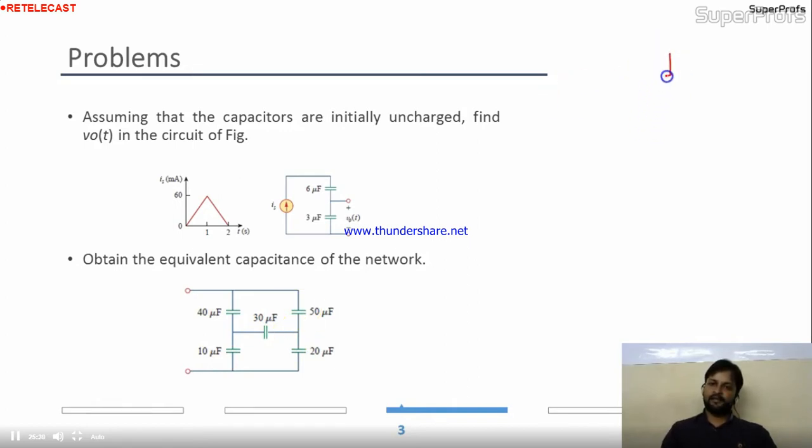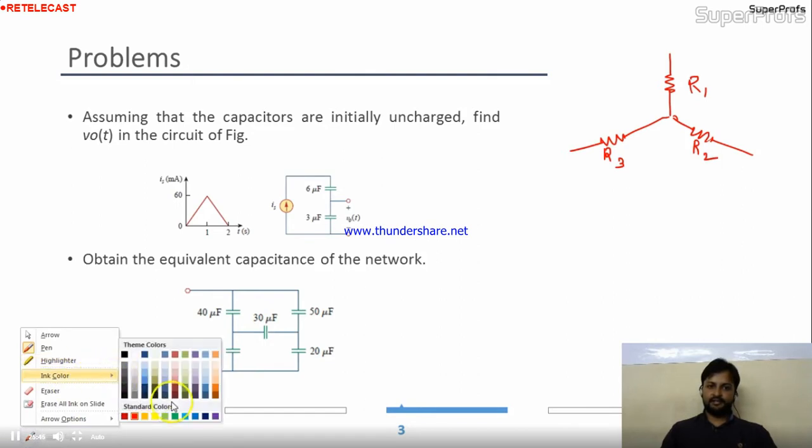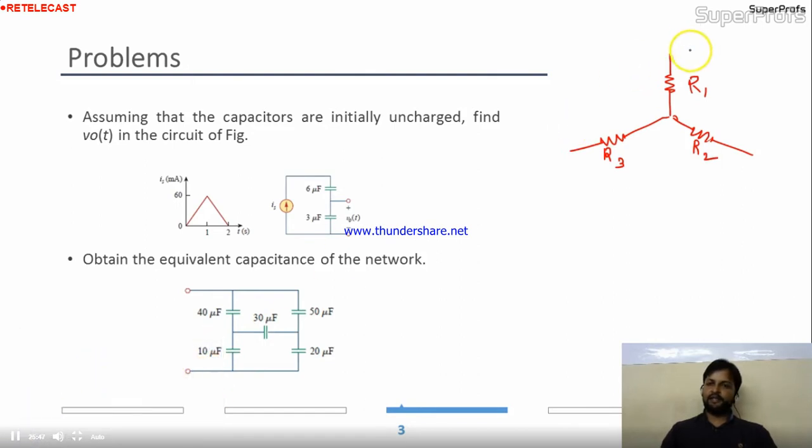See, if you are having star connected elements, 3 elements, R1, R2 and R3, your task is to change it into the equivalent delta. Suppose this is delta over here, which is this branch, and here this branch.